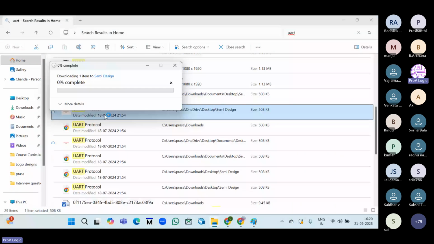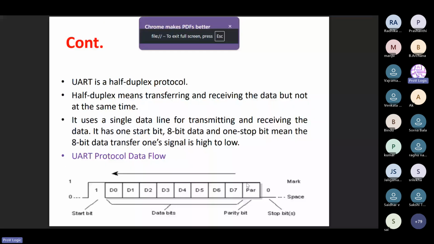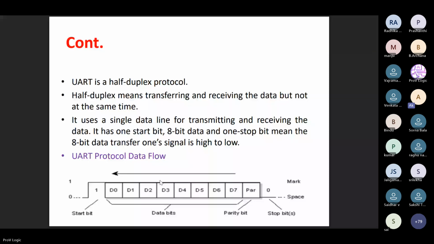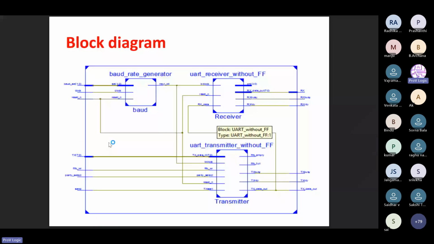UART protocol, most people will do just the frame format. Is the screen visible? Yeah, it's visible. Frame format is very simple. You can even do it with an FSM. You take the states: start bit state, data bit state, parity state, stop bit state. But here we are implementing the whole block diagram, with the baud rate generator, UART transmitter, and receiver.